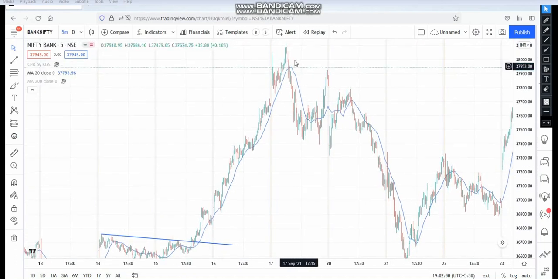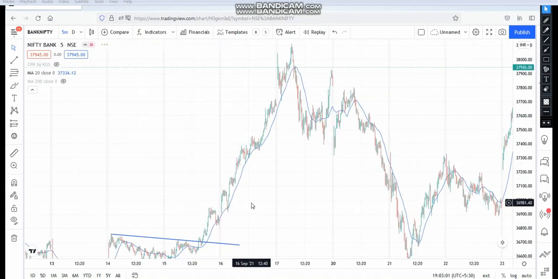So 36,700 to 38,000, almost 1,300 points. The market has crossed 1,300 points from here to here. This is the intraday breakout. I have kept 5 minutes candles here.